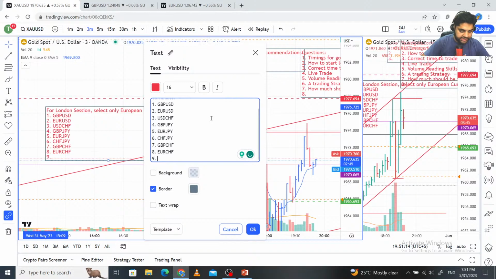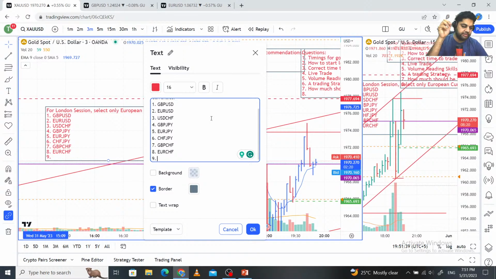And guys, I hope you get the idea that you can trade all these currencies in which there is Euro or GBP or CHF. If there is a currency pair in which you have any of these three currencies, one is GBP, the other is Euro, and the third one is CHF, then you can make a trade in all these currencies.